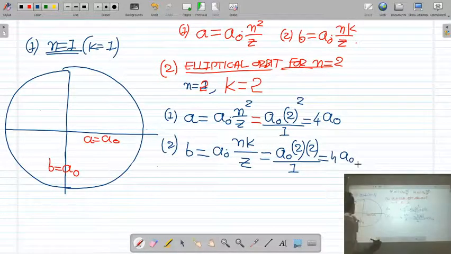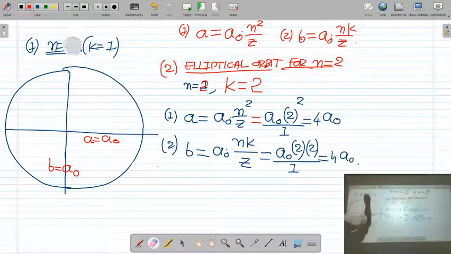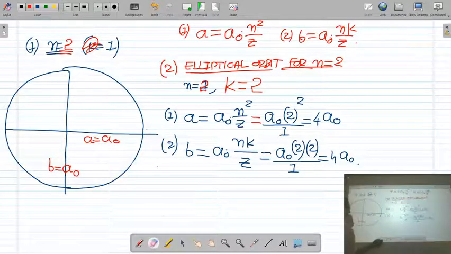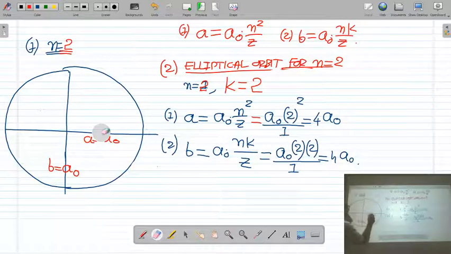So for n equal to 2, we again get a circular orbit, but its radius is 4a0.